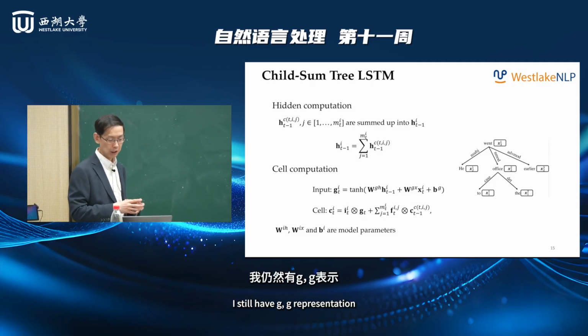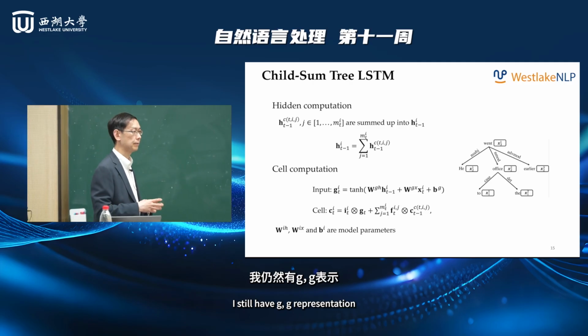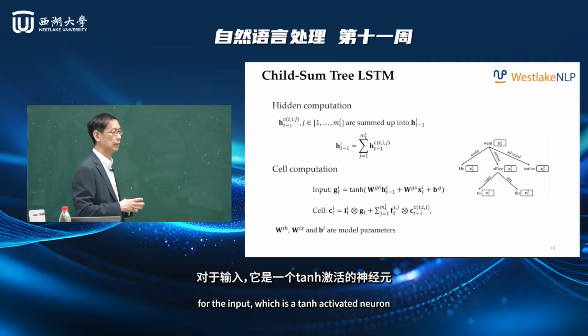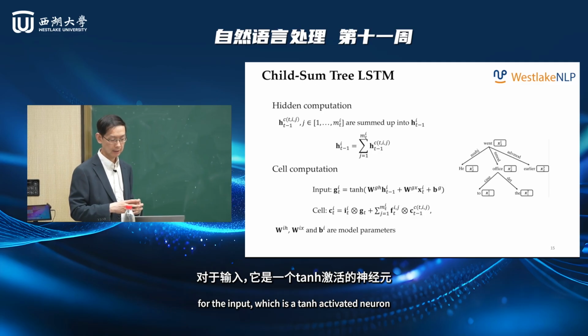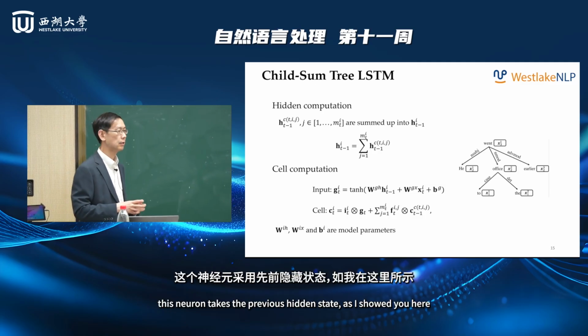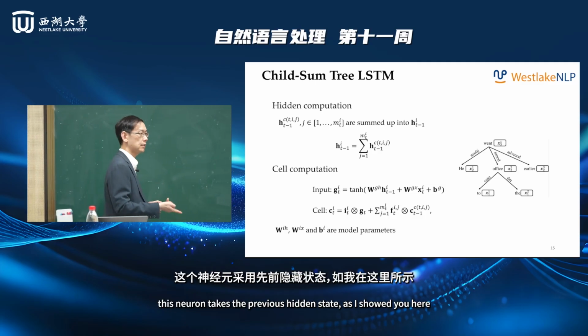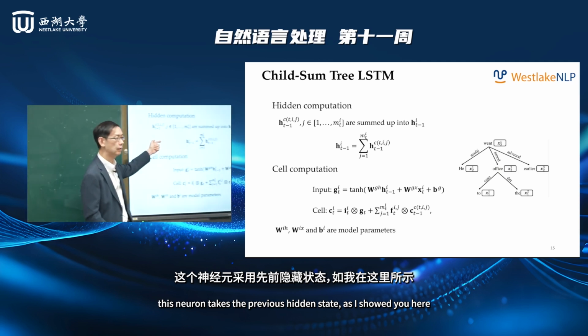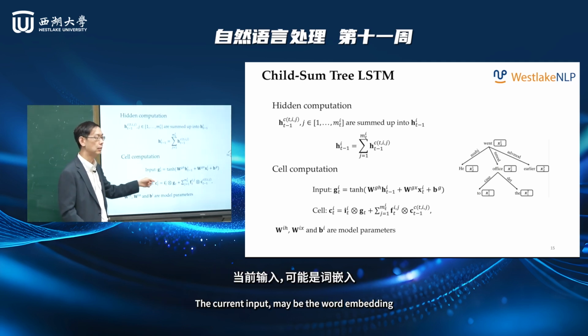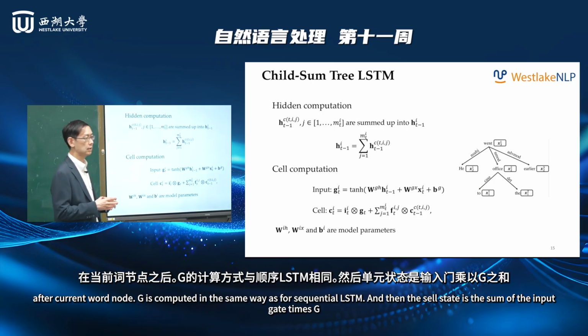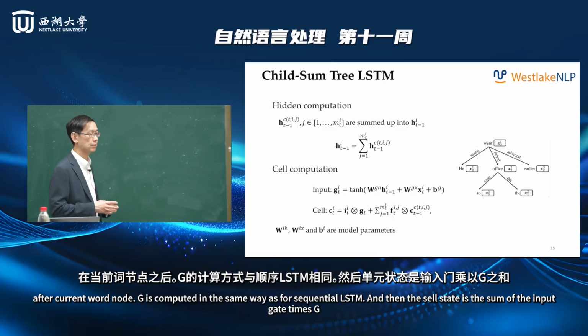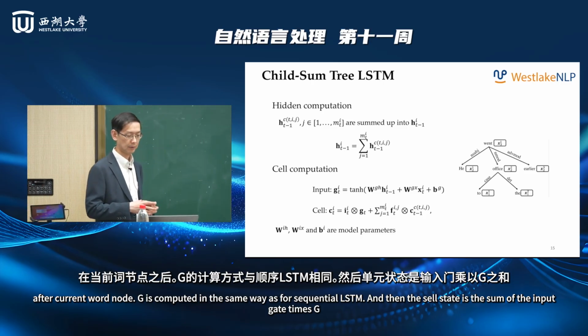I still have a G representation for the input, which is a tanh activated neuron, okay? This neuron takes the previous hidden state, as I showed you here, and the current input, maybe the word embedding of the current word node. So G is computed in the same way as for sequential LSTM.